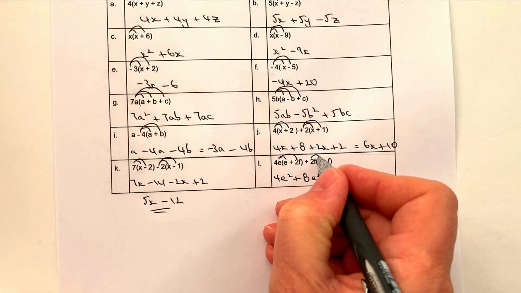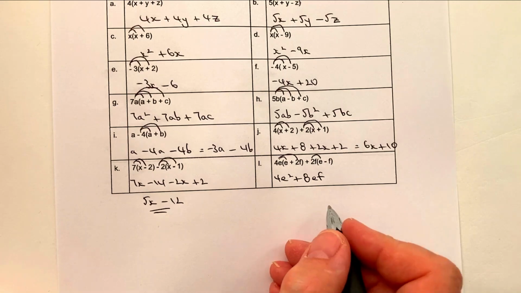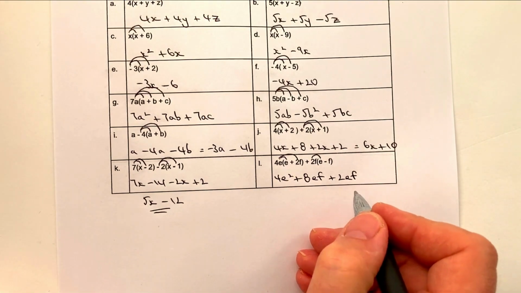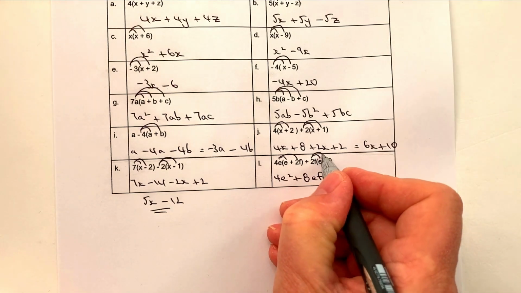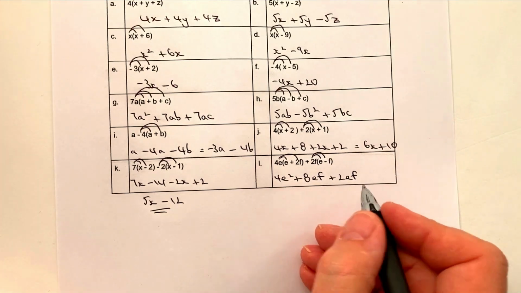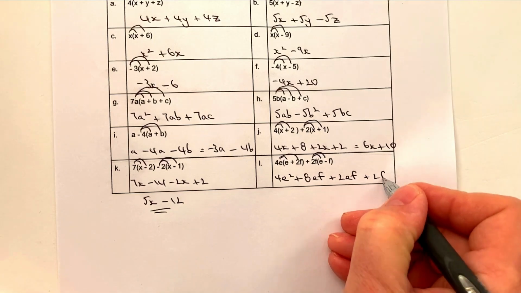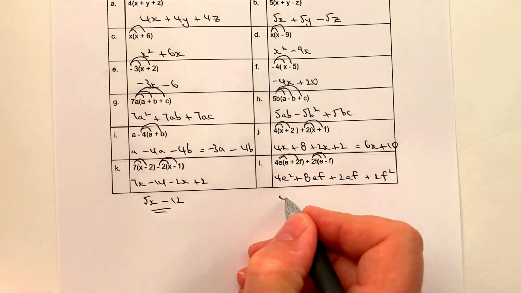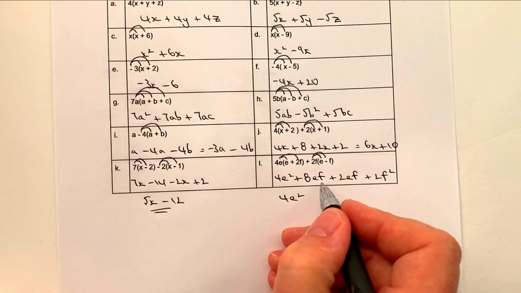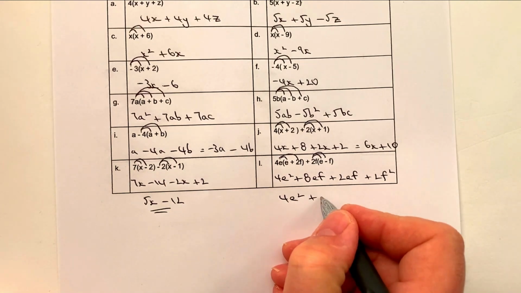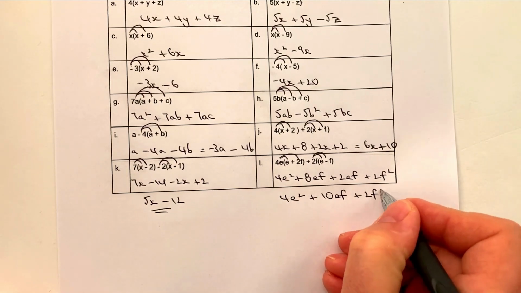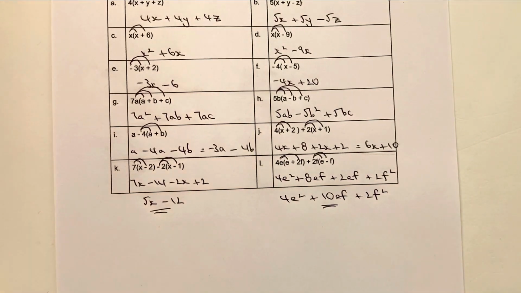I've got now plus 2f times e is plus 2, and again, in alphabetical order, ef again, and then plus 2f times minus f is plus 2f squared. Okay, so I'm going to tidy this up a little bit. I'm going to get 4e squared plus 8ef plus 2f is plus 10ef, and then plus 2f squared, and that would be the answer to that particular question.